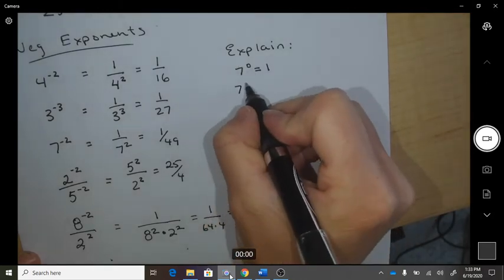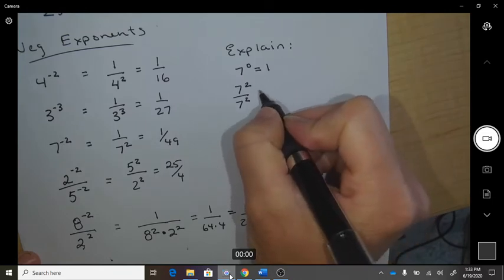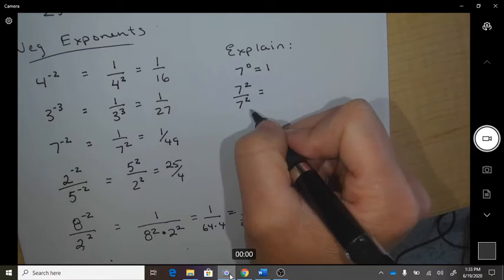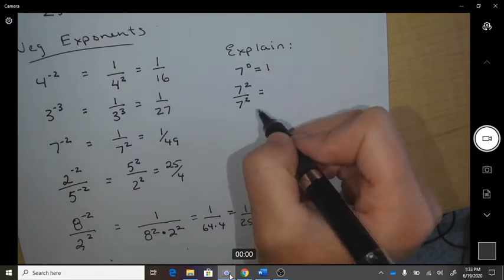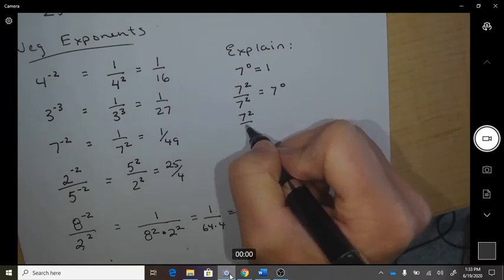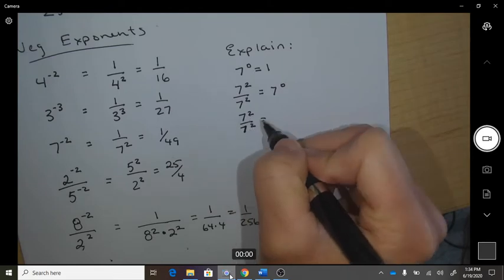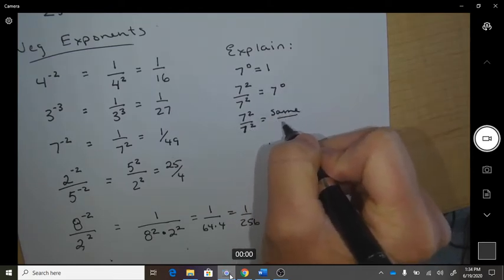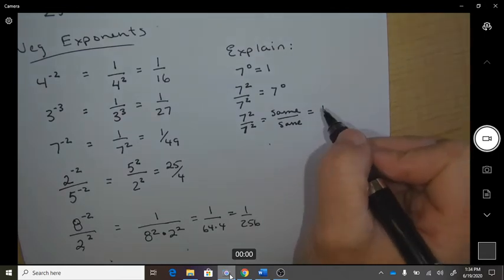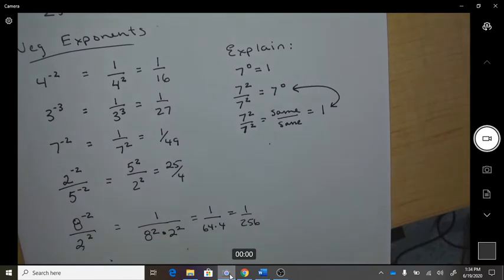So if I think of something like this, 7 squared over 7 squared, I know from division rules that I subtract the exponents. I also know that the same thing divided by the same thing equals 1. So therefore, those must equal each other.